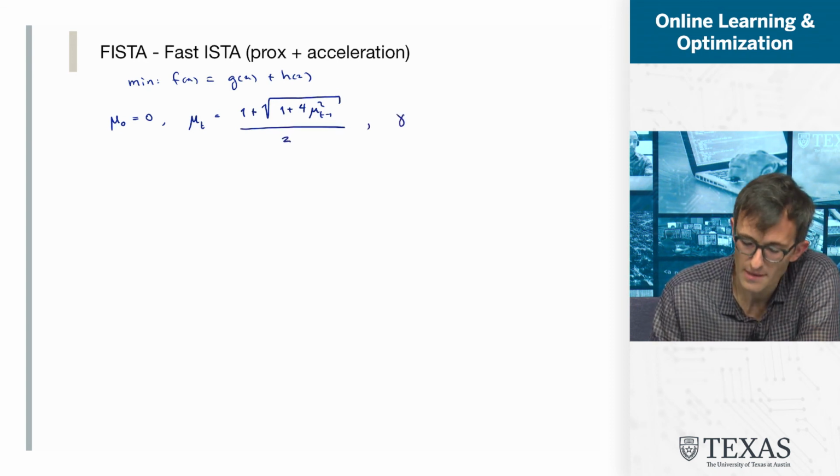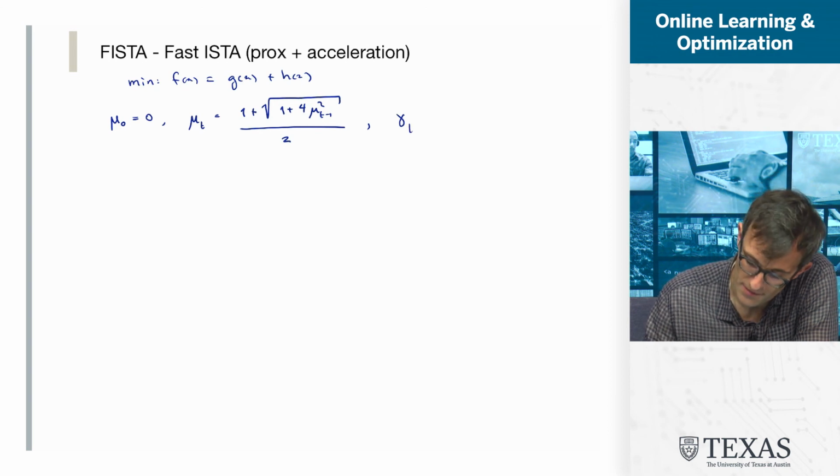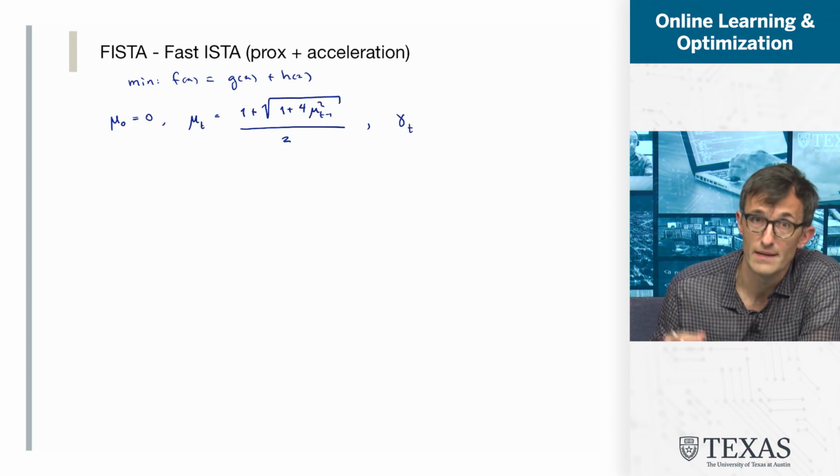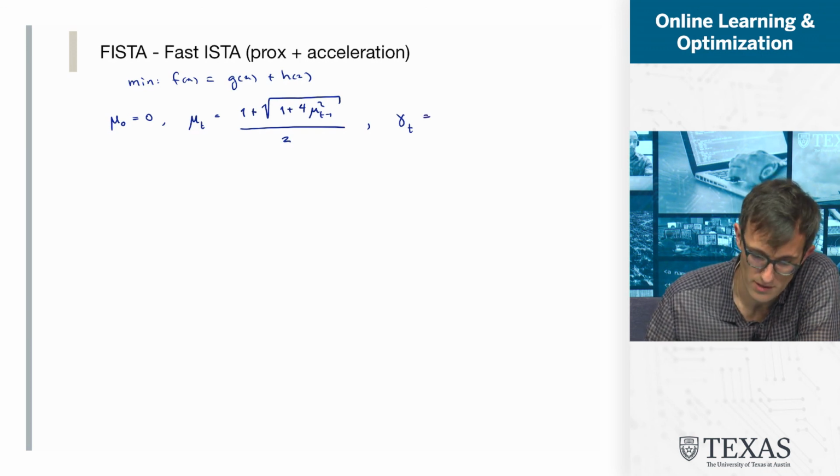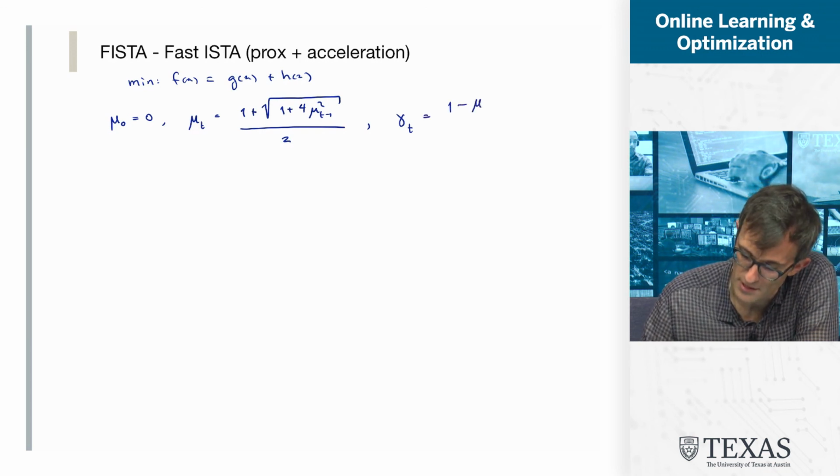And then I need mu_t in order to allow me to define this mixture that's going to define my momentum. And that's going to be given by this constant gamma_t, which is equal to (1 minus mu_t) divided by mu_{t+1}.